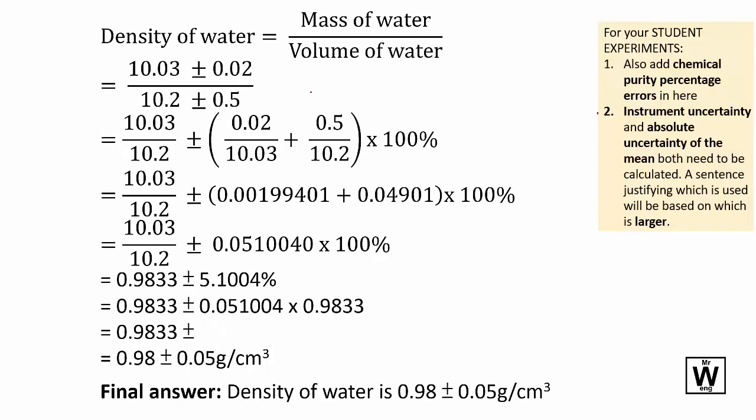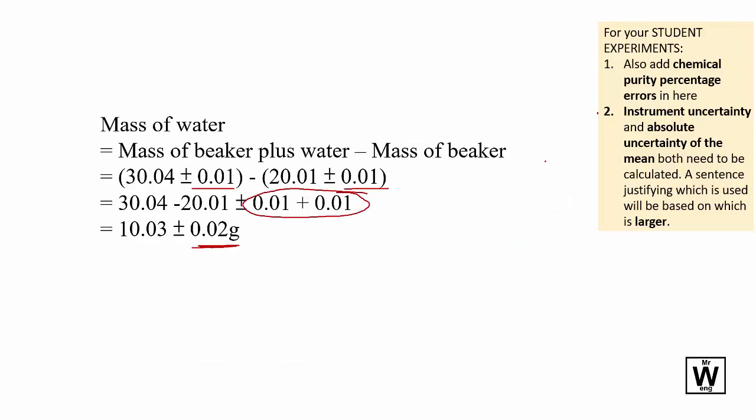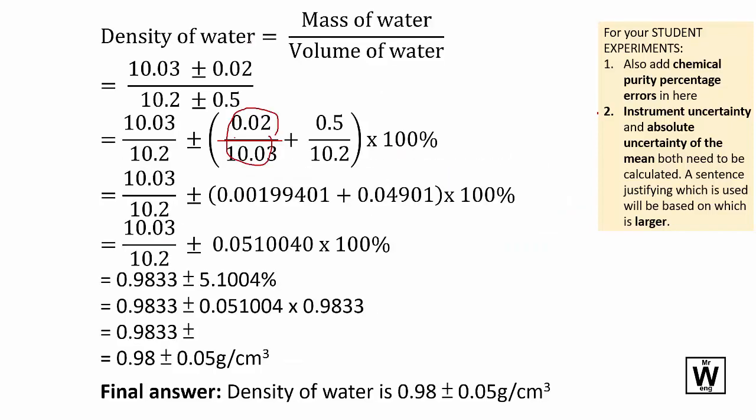Now we take that plus or minus 0.02 here and divide it by the total value to get a percentage uncertainty, because now we're working out the density, so it's mass on volume, and from the data table we had the water here is plus or minus 0.5. So because this is now a division calculation, so this is a times or divide calculation, we're not using absolute uncertainties, we're using percentage uncertainties, so we put the 0.5 divided by 10.2.